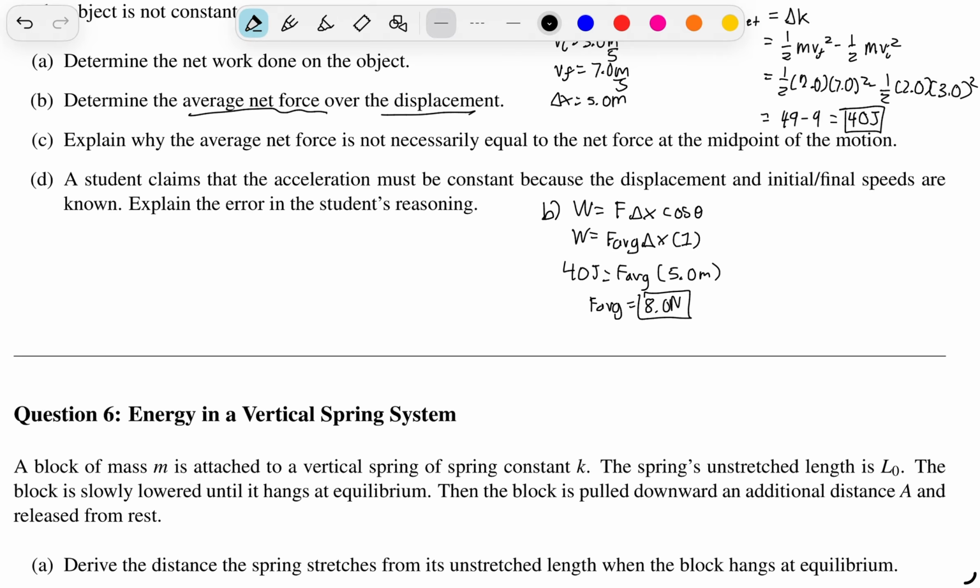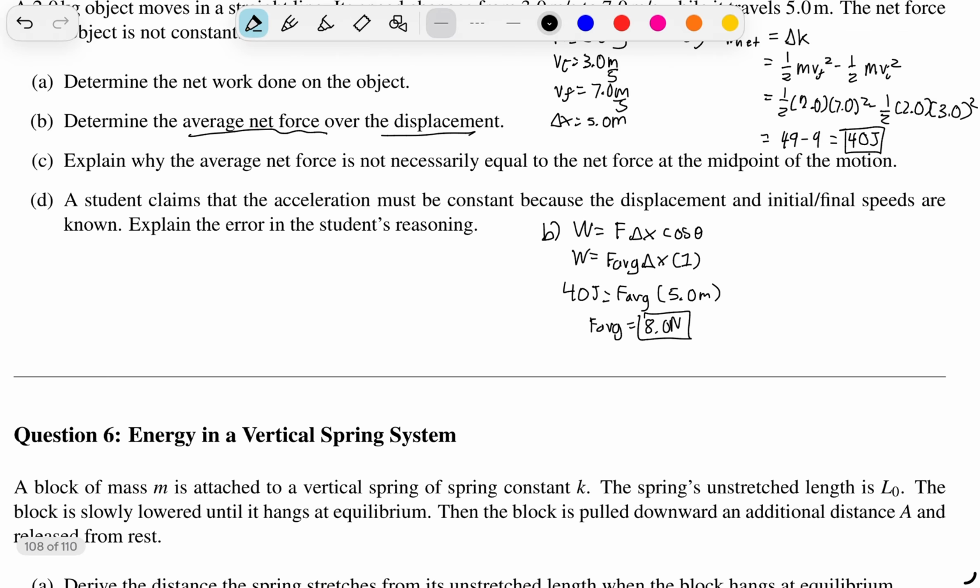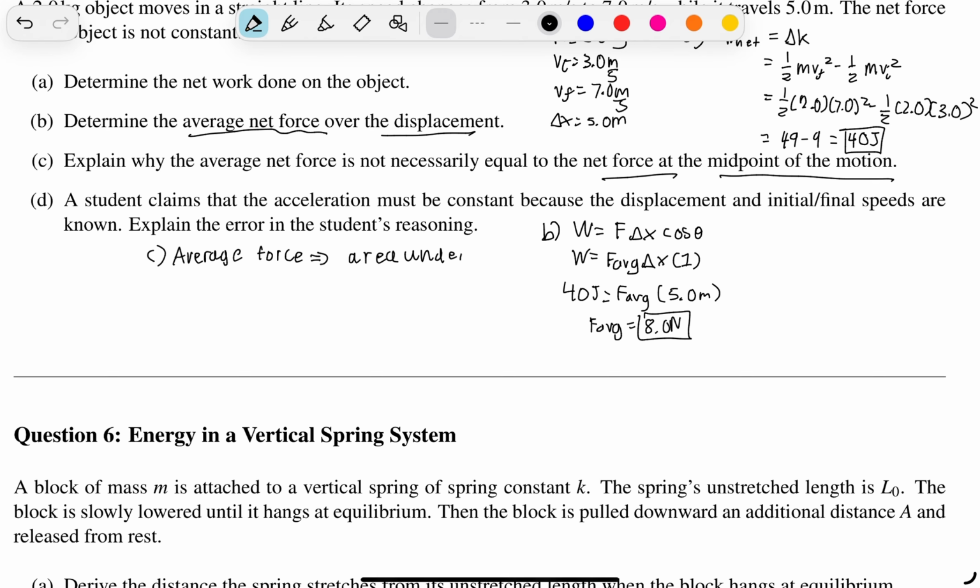So explain why the average net force is not necessarily equal to the net force at the midpoint of the motion. Well, because when you have average force, that is when you are looking at the area under the force versus time graph.